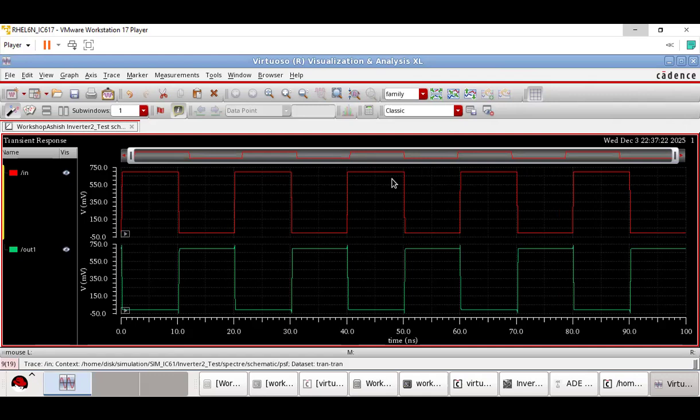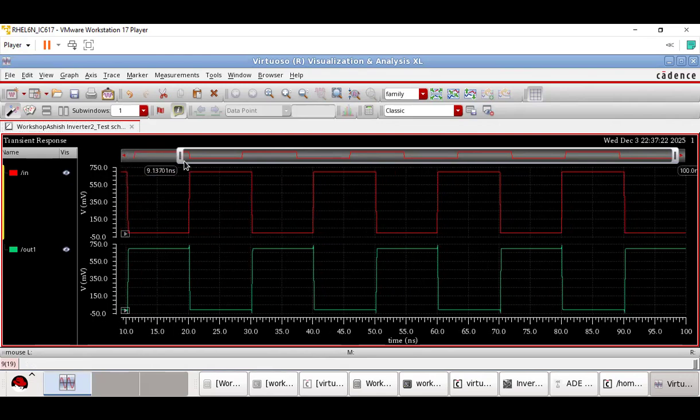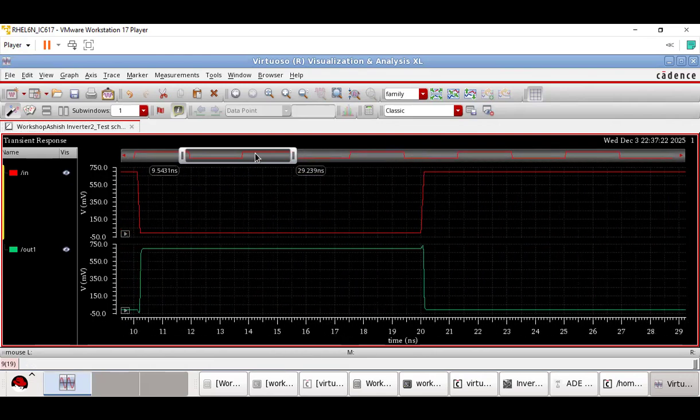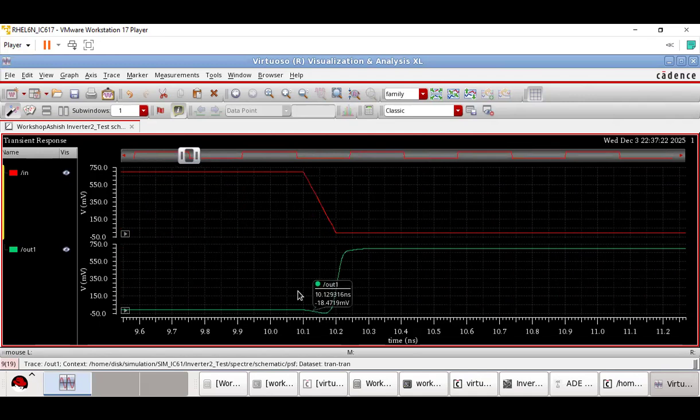If your circuit demands that you give me the output or delay between the input getting low and output getting high only, then how you will calculate it? Remember, the input getting low and output getting high.